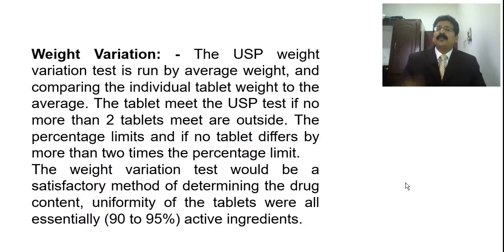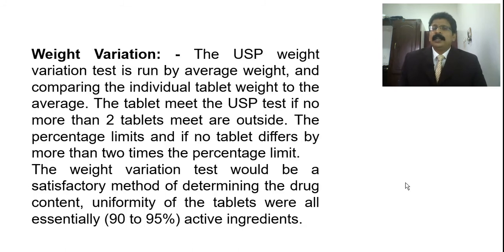And also, before going to the disintegration instrument, we should know about weight variation, which is also one evaluation we very commonly do in in-process checking, and it is also checked in the quality control and quality assurance departments. In the United States Pharmacopoeia, the weight variation test is run by finding the average weight and comparing the individual tablet weight to the average.